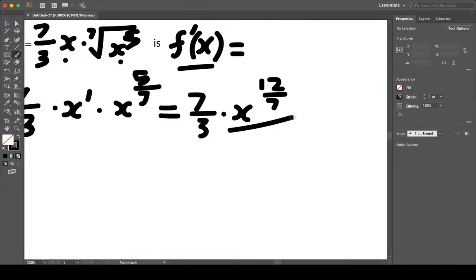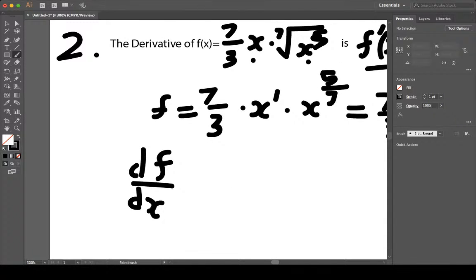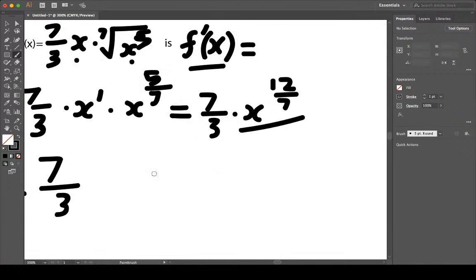function here is just by, let me go here. Yep, we are there. So df over dx must equal, this is how I will be writing this, 7 over 3, which is basically this number here, and then we multiply this by the derivative of x to the power of 12 over 7.